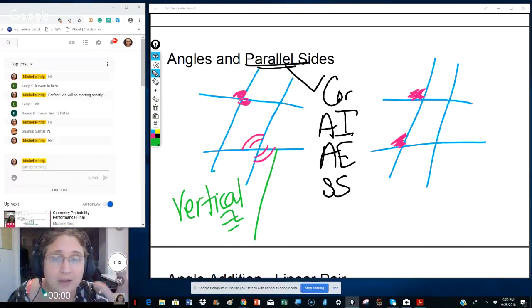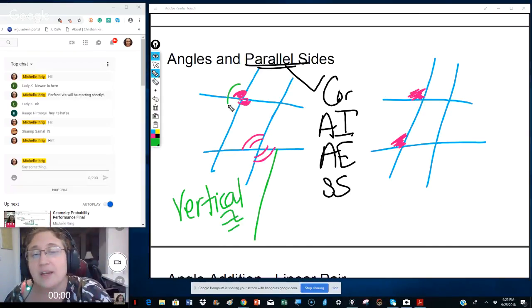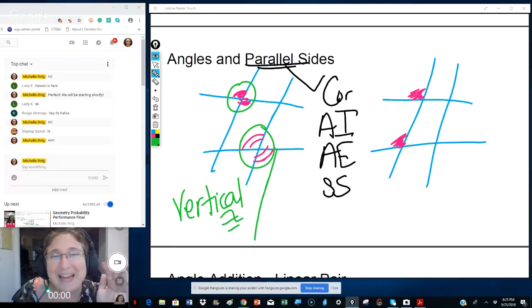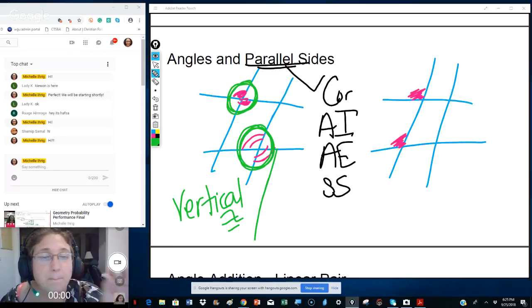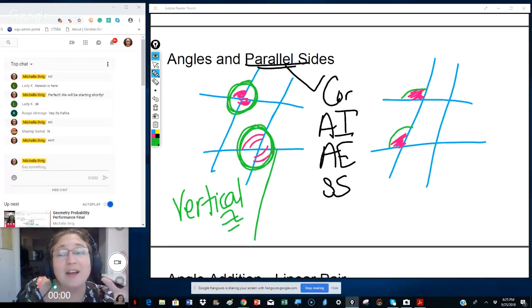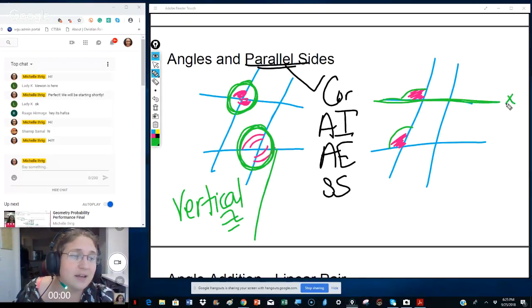No parallel. So in this example where they show us vertical angles, we do not have parallel lines, because all we know is about these 2 lines here and these 2 lines here. That's it. But on this side, where this and this are corresponding, we can have parallel lines, because this corresponding angle matches to this line here, and it matches to this line here.